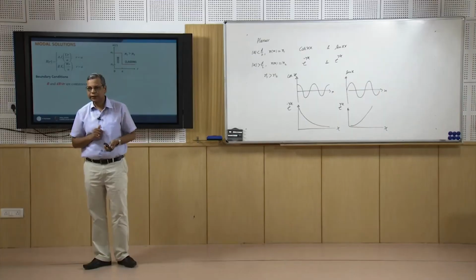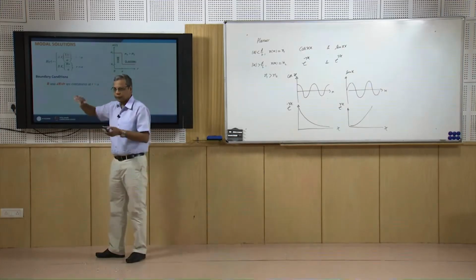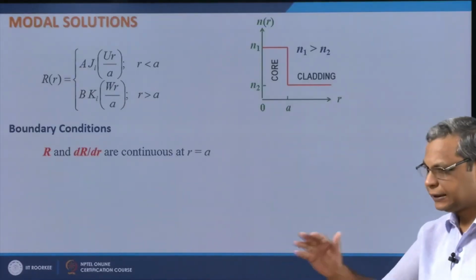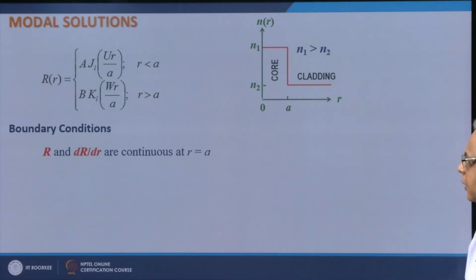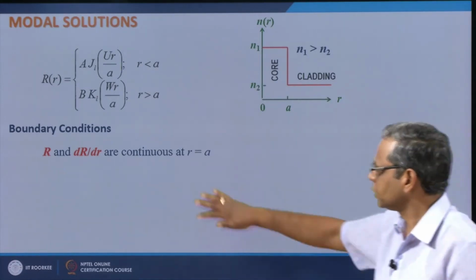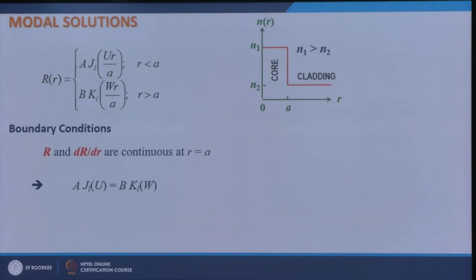Since it is a weakly guiding fiber, I can take these as the boundary conditions. Even though they are not exactly tangential at r equal to a, these are approximate, but they are quite valid for a weakly guiding fiber.